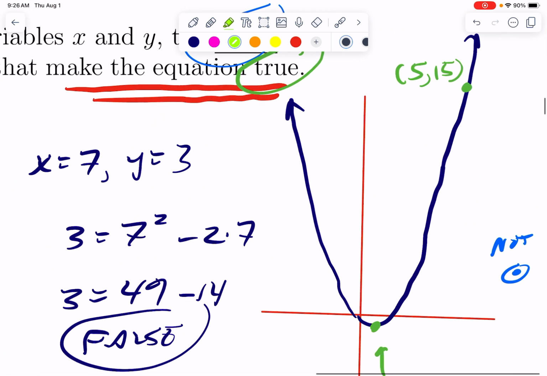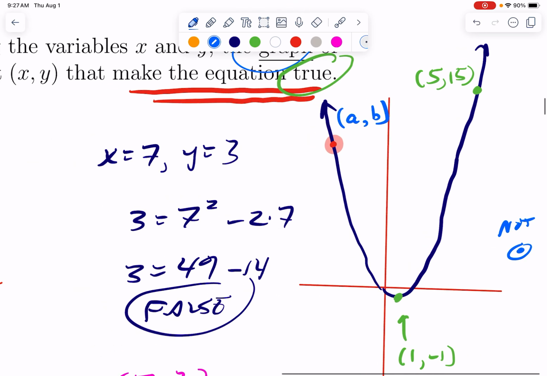Right? So what this means is if I tell you, hey, here's a point, and I'm not going to tell you its exact coordinates. I'm just going to say it has an x coordinate called A and a y coordinate B. Well, here's what we know. And I realize I'm not giving you a ton of space here for taking notes. Maybe you just want to think about this one.